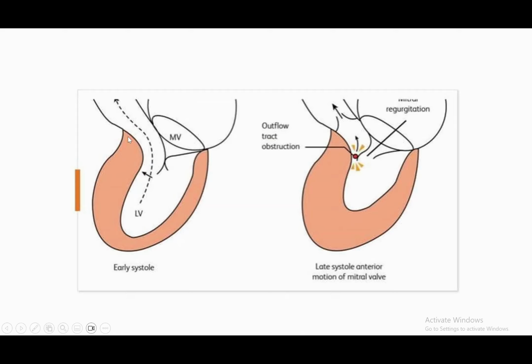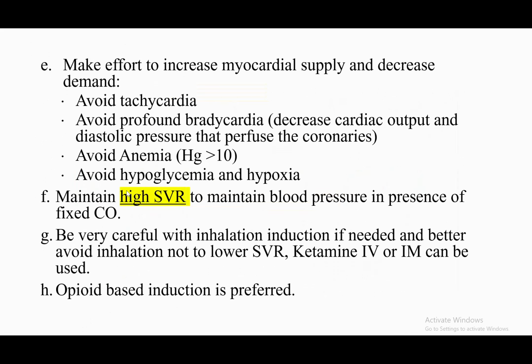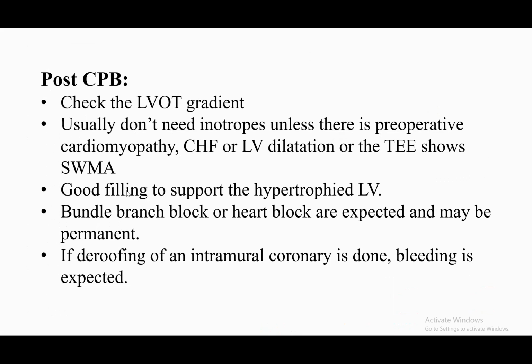The bundle of His, the left and right bundle branches, and the anterior and posterior fasciculi of the left bundle branch pass through the septum. So the myectomy may injure one or all of these fibers, causing either a bundle branch block or a complete heart block.